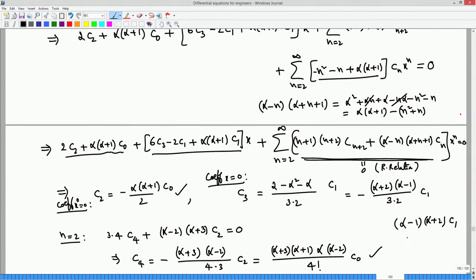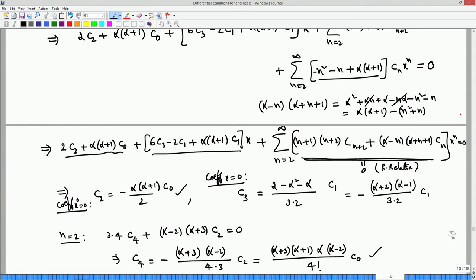So that is exactly alpha square plus alpha minus 2. If you sum it together, this is what you have, into C1, alpha square plus alpha minus 2 into C1.